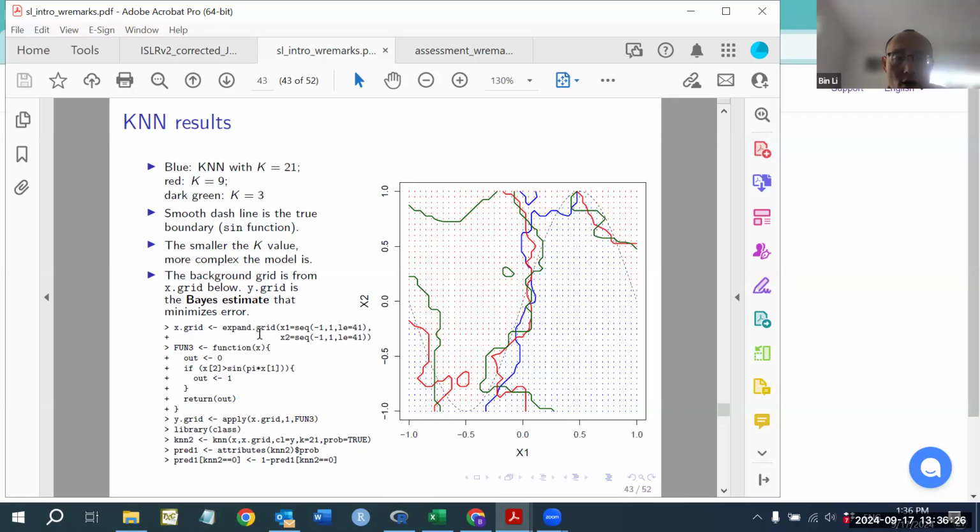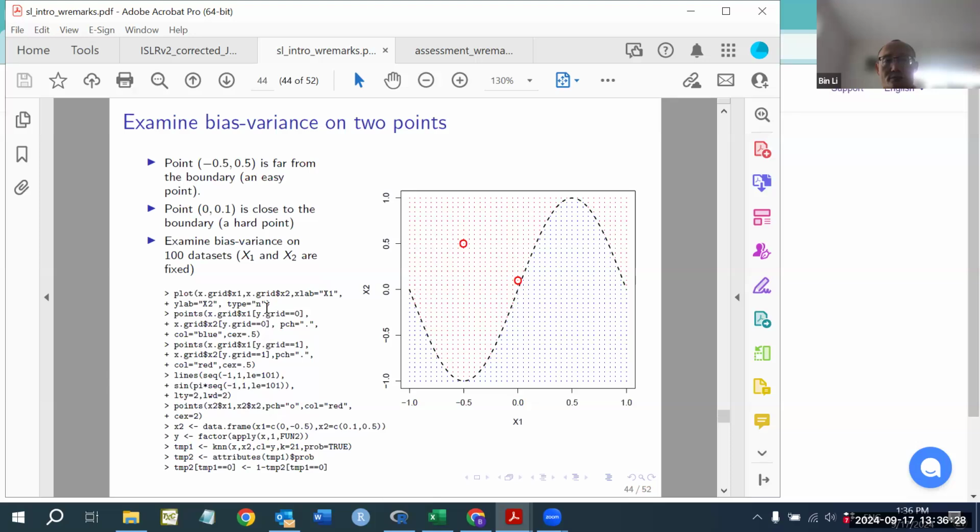Okay, so here I'm trying to examine the bias variance trade-off at two points. This one is at negative 0.5 and positive 0.5, right?